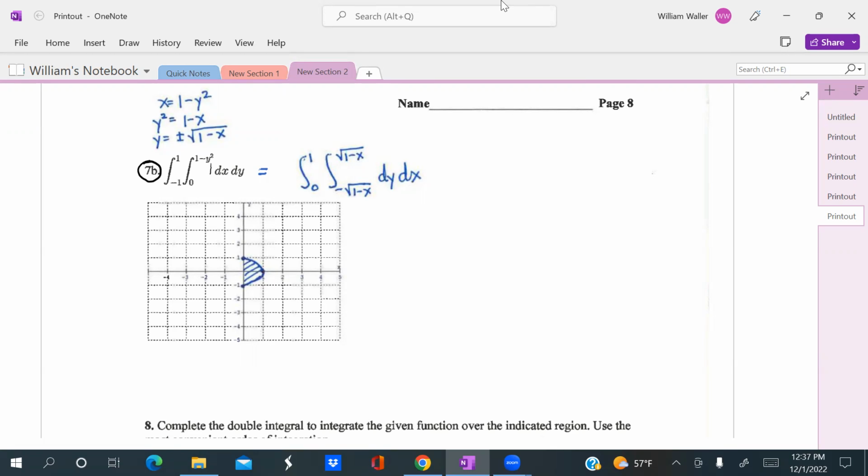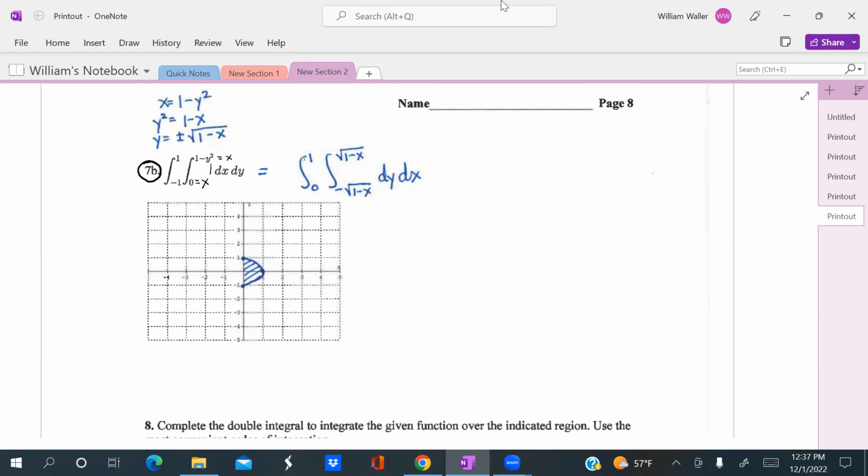So that implies the y-axis is going to be the left-hand boundary for our region. And then this curve, x equals 1 minus y squared, that apparently is going to be the right boundary for our region. Well, of course, x equals 0, as I just mentioned, is the y-axis.